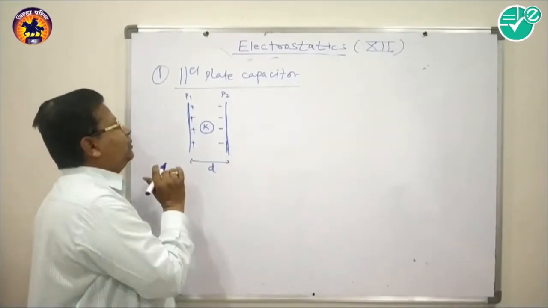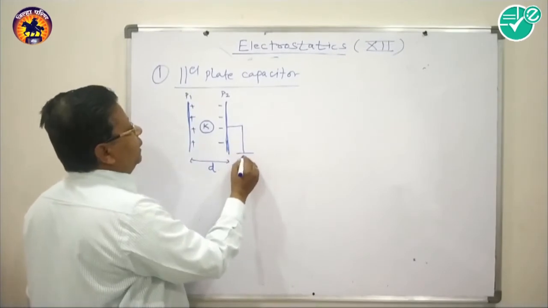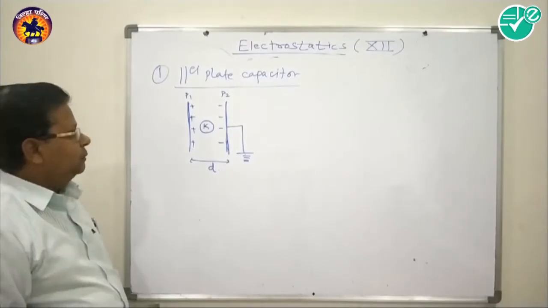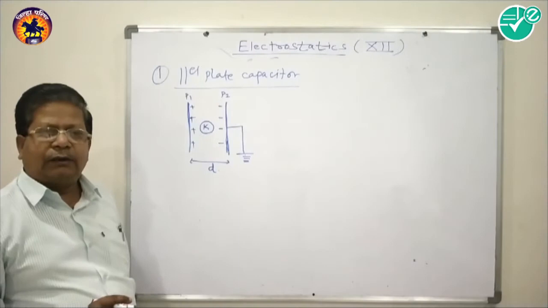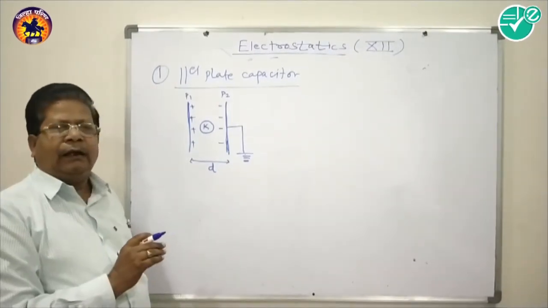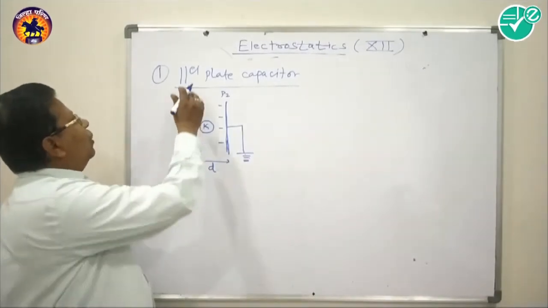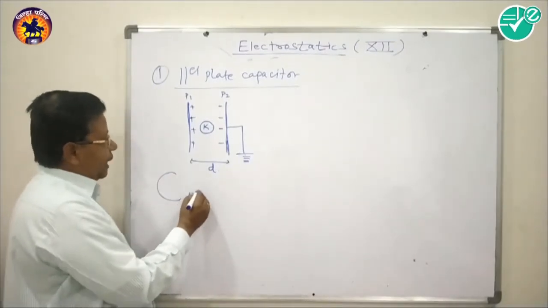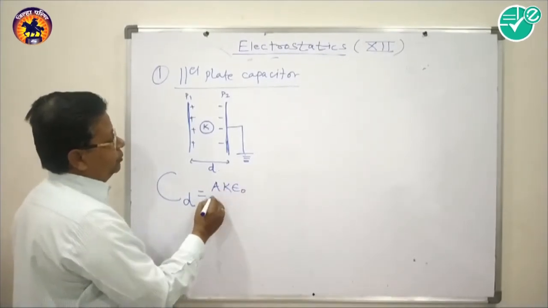Equal and opposite charges are deposited and the other plate is connected to earth. Why this plate is connected to the earth, we will discuss later in this lecture. In the case of a parallel plate capacitor, the capacity with dielectric is given by A K epsilon 0 divided by D.